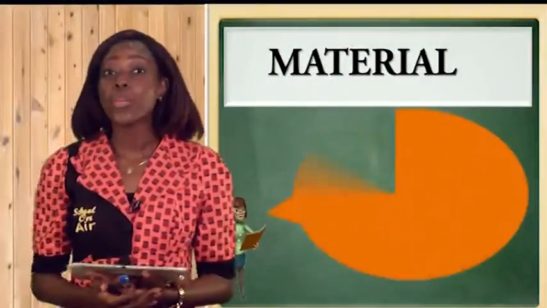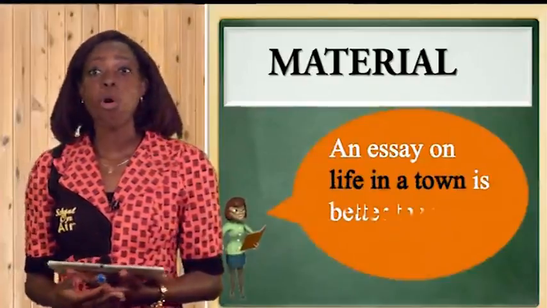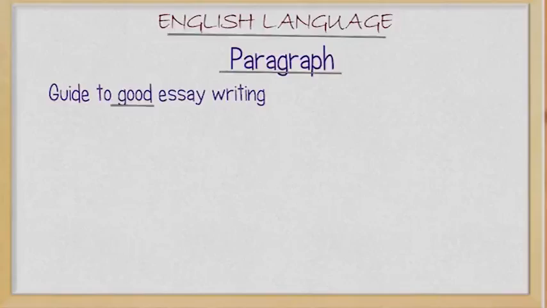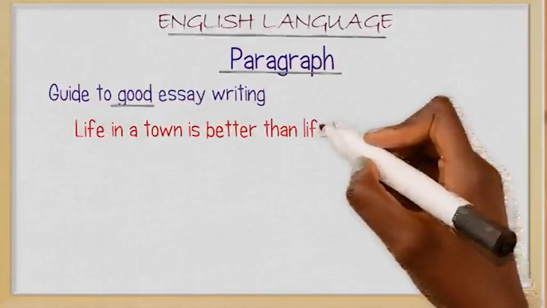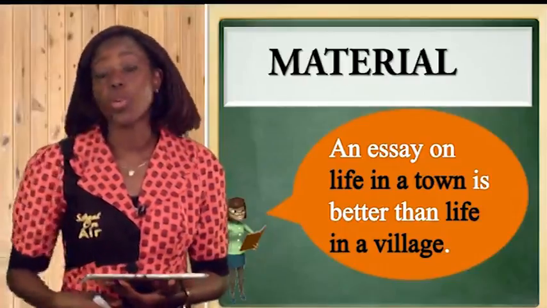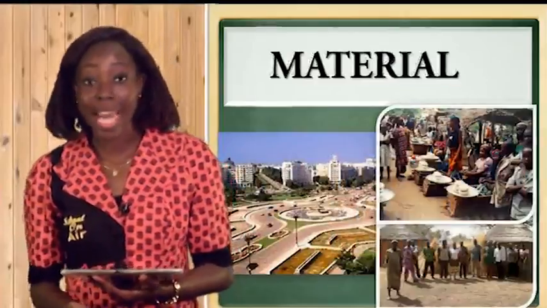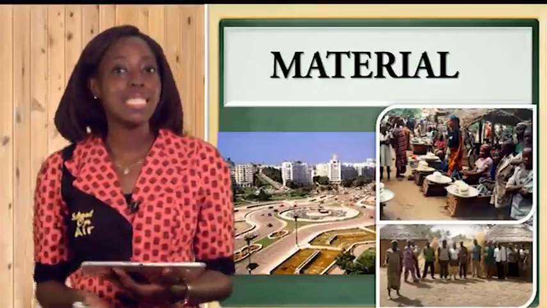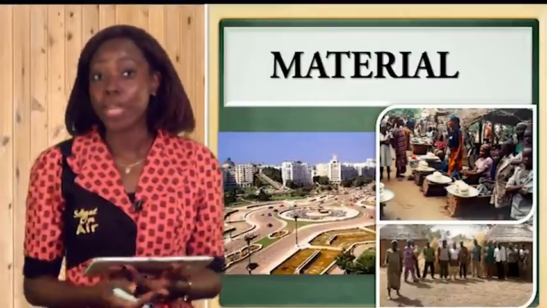Now, in today's topic, we're going to be using an essay on life in a town is better than life in a village. And as the lesson goes on, we're going to be seeing different pictures showing life in a town as well as life in a village. Now we're going to be seeing the different facilities that we have in both a town and a village that makes them to be preferred.